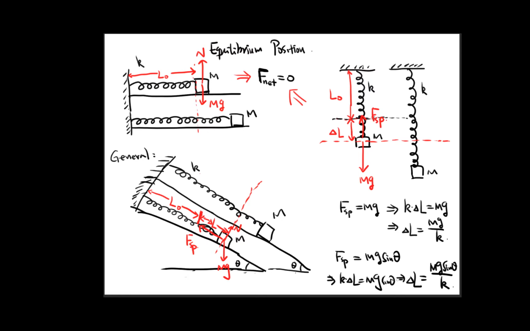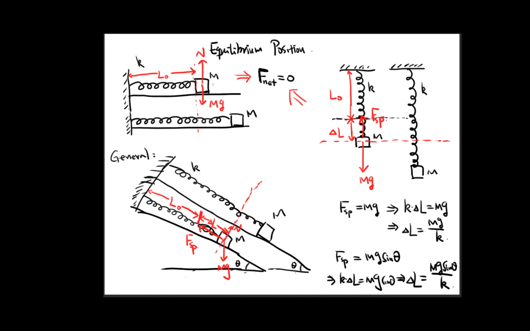Okay, so that determines this equilibrium position shown by this red dashed line. And then again, if you pull this m downward, the object is going to oscillate symmetrically along this dashed line.